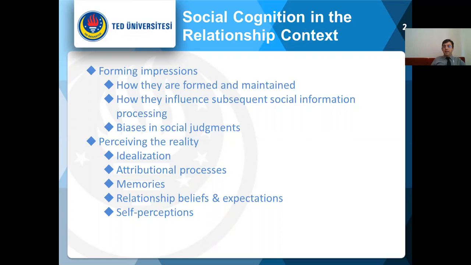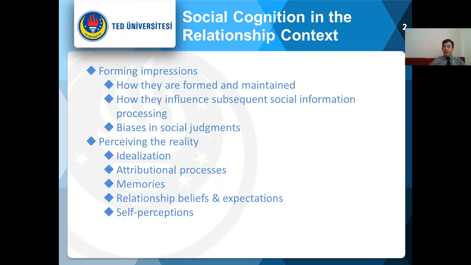Once we form an impression about another person, it means that our mind has already categorized this person. So this person becomes predictable, controllable. And remember, we would like to maintain the predictability of the social reality.